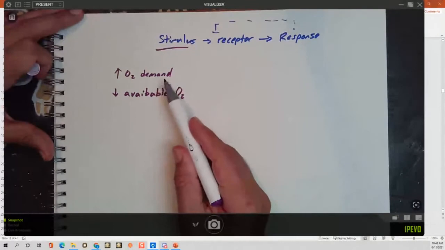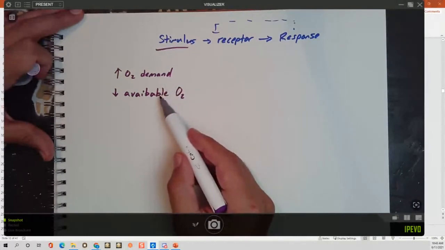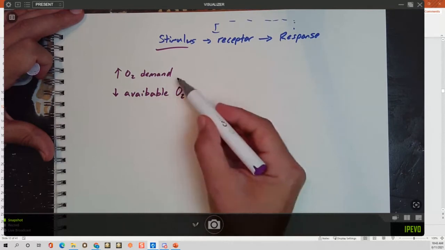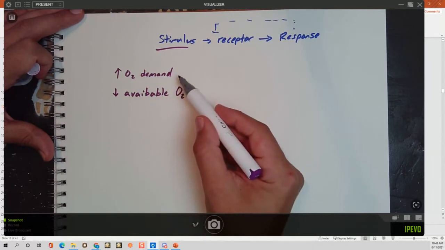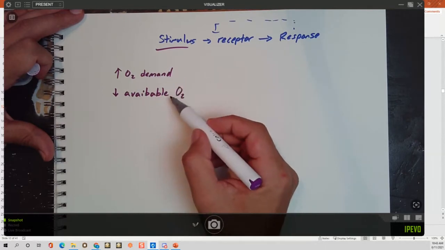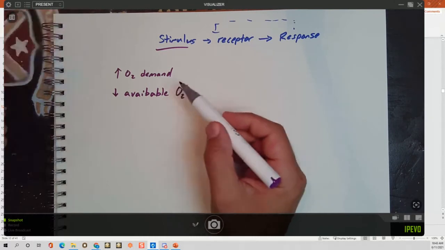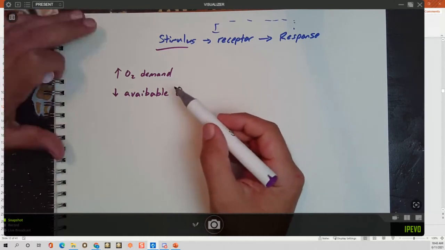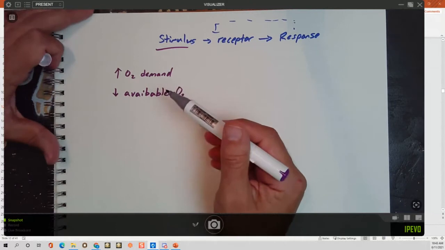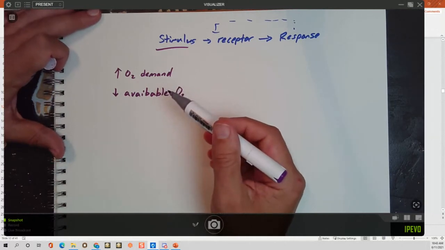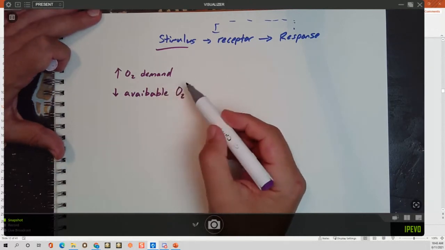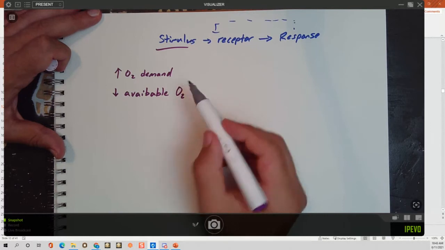I hope it stands to reason that in either of these cases, the body is going to want more oxygen. It's going to be like, I have an increase in metabolism, I need more oxygen. Or, there's not enough oxygen available for my body to do what it needs to do. Well, the body is going to increase its respiratory rate. Great. However, that doesn't mean oxygen is getting out to the tissues, because oxygen is extremely nonpolar.